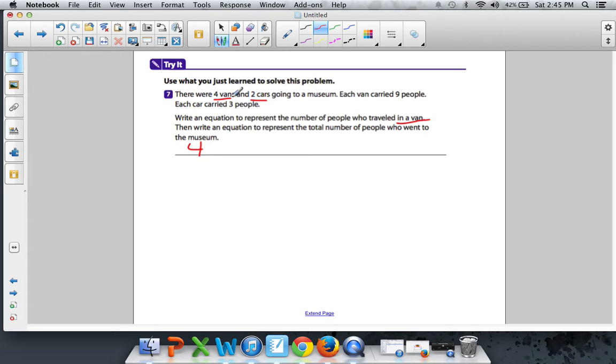Did they say anything else about the vans? Yes, they did. They said each van carried 9 people. Each is trying to tell you multiply, and 9 is trying to tell you 9. Okay?